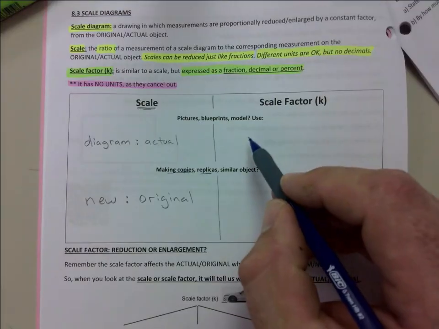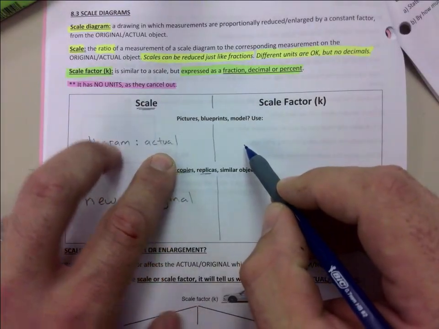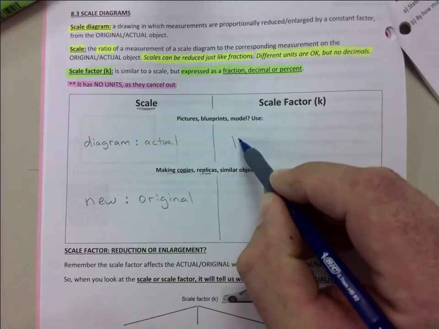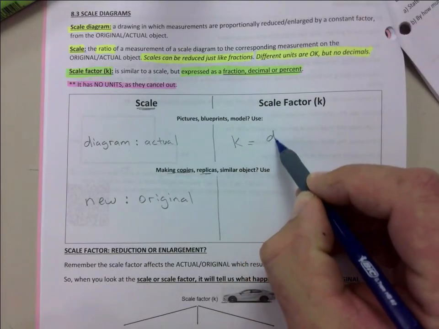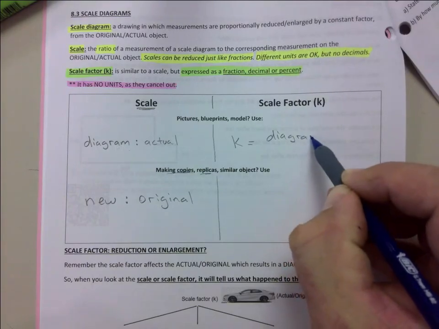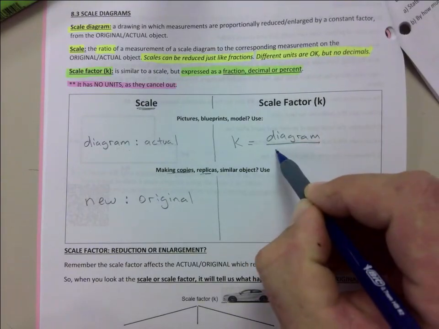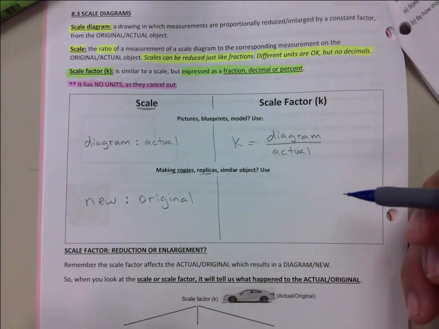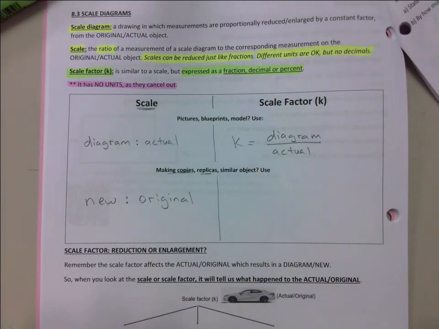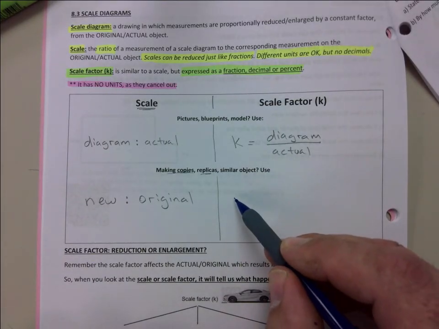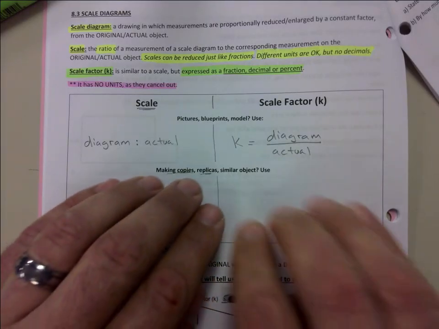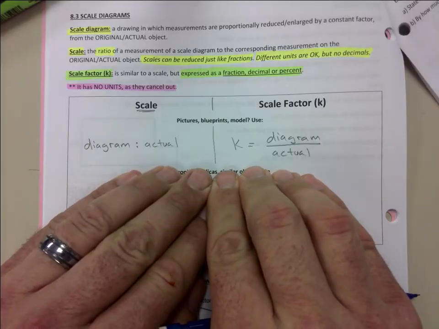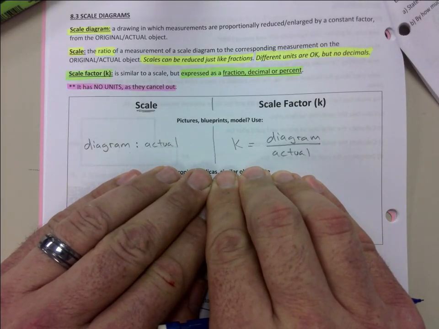Okay? Scale factor. You take this and you stack it and produce a fraction. So scale factor would be diagram over actual. And it's very important that you don't mix them up. The order matters. Diagram goes on top, actual goes at the bottom. The textbook would just stick with those terminologies: diagram, actual, that's it.